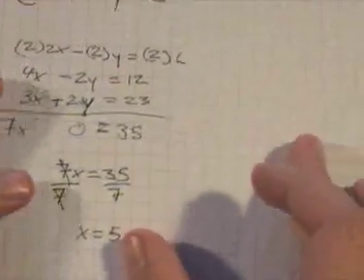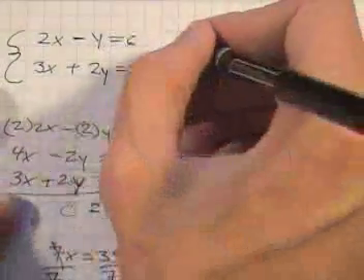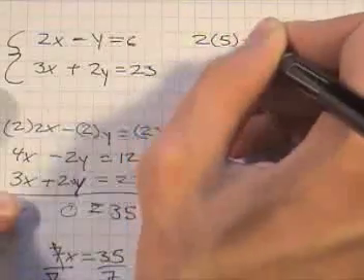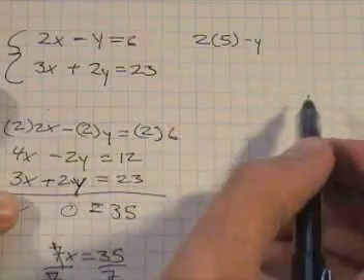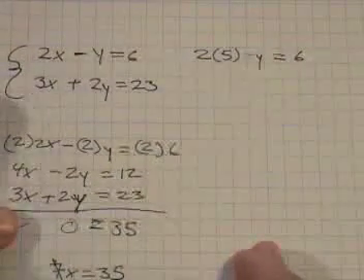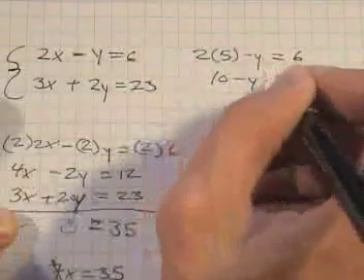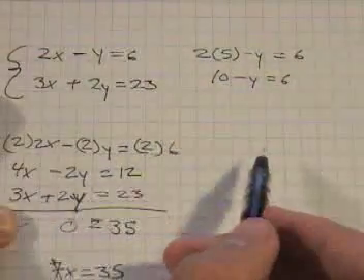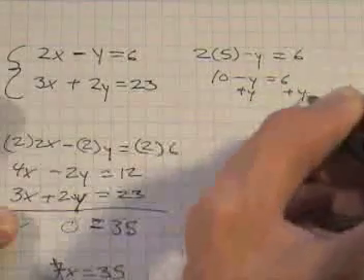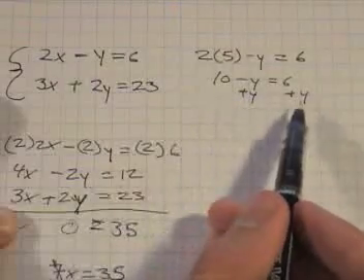Now that we know that, let's plug it into the top equation. So x equals 5. So 2 times 5 minus y equals 6. This resolves to 10 minus y equals 6. Let's add y to change its sign here. We want a positive y. So we're going to add it to each side.